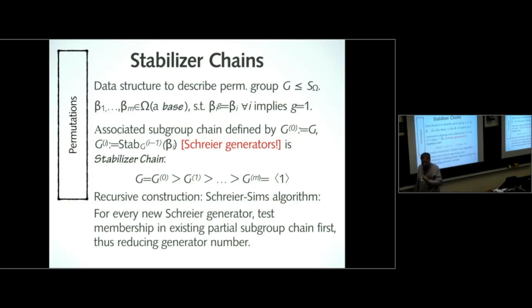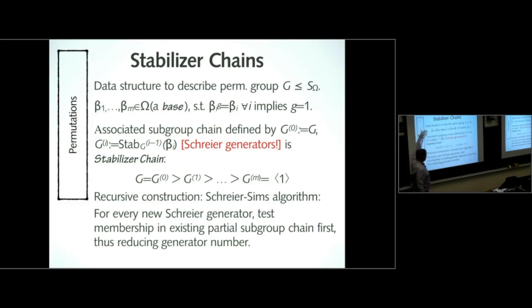But the interesting thing is, if your group is not symmetric or alternating, a base will be much smaller than the size of omega. In general, a base typically will actually be quite short. Unless your group is symmetric or very close to symmetric, it's hard to come up with examples where your base is longer than 10 or so.